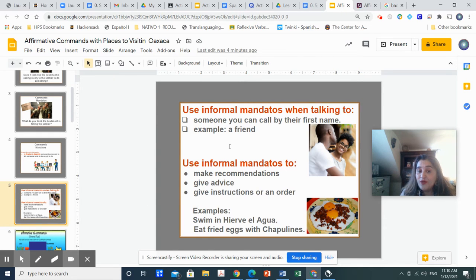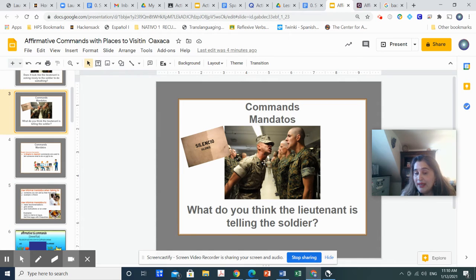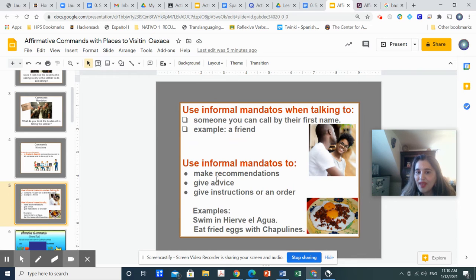When to use an informal command and who to use it with? Well, you use informal mandatos or commands when talking to someone you can call by their first name. For example, a friend. Or in the case of the picture that we saw before, here's the lieutenant, here's a soldier. He can talk to him in the tú form.